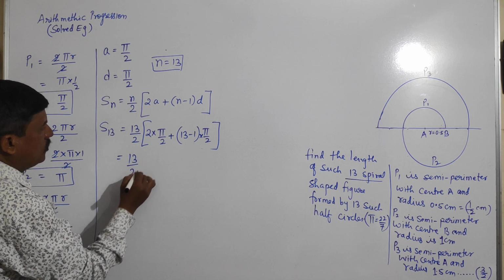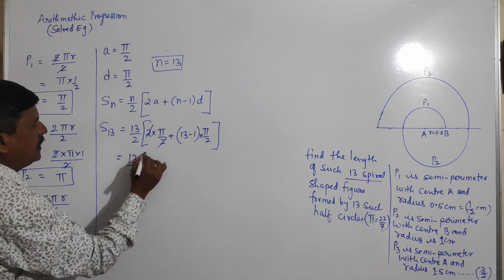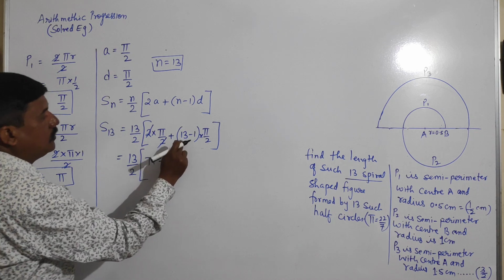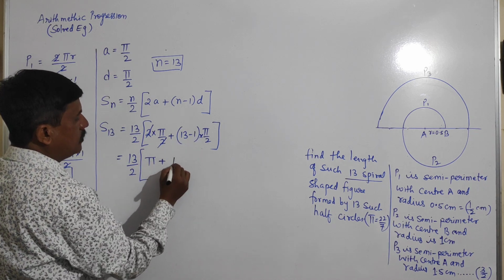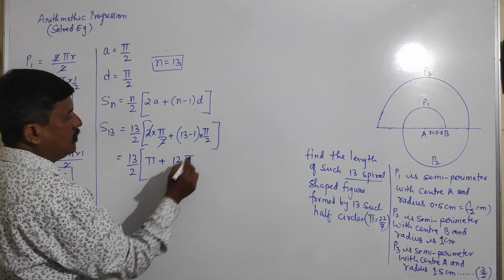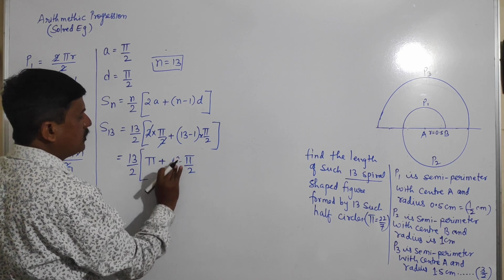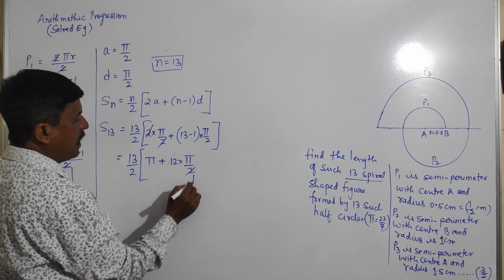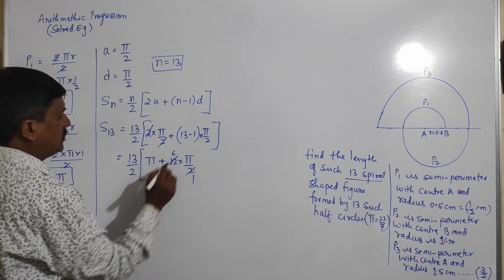13 upon 2. These 2 and these 2 get cancelled. Remaining is pi plus 13 minus 1, 12 pi by 2. 12 pi by 2 means 12 multiplied by pi by 2. The 2 goes into 12 six times.